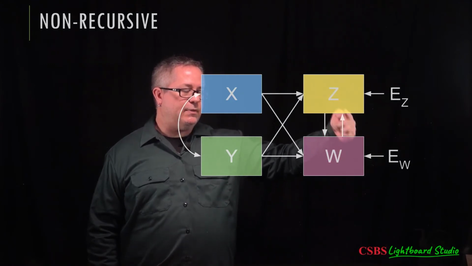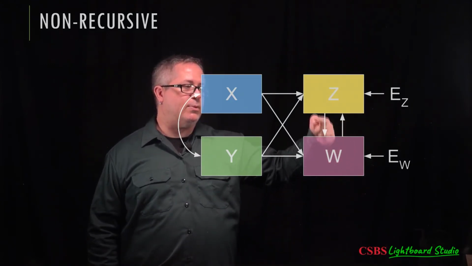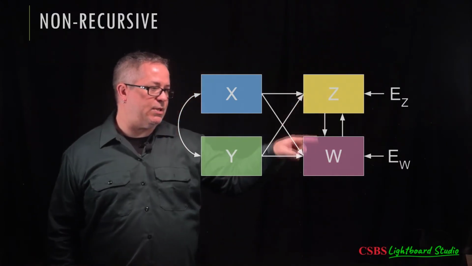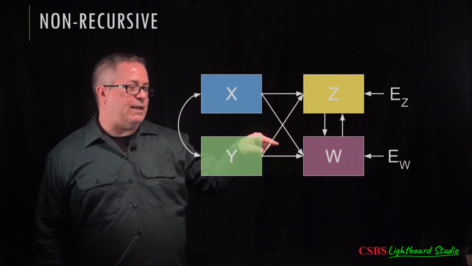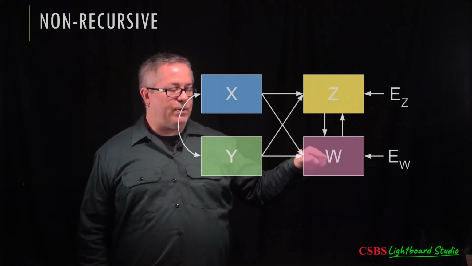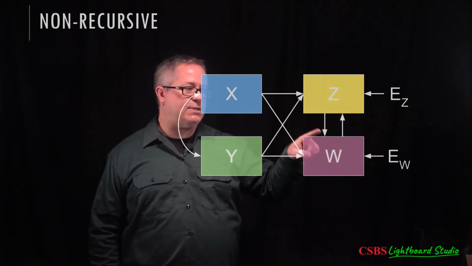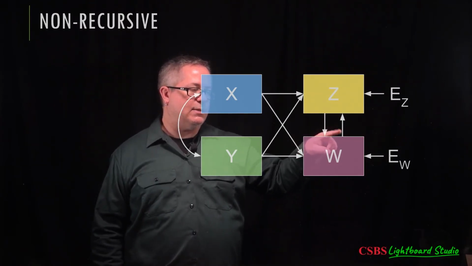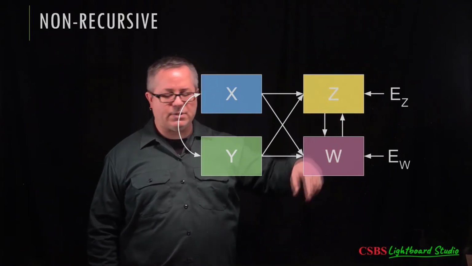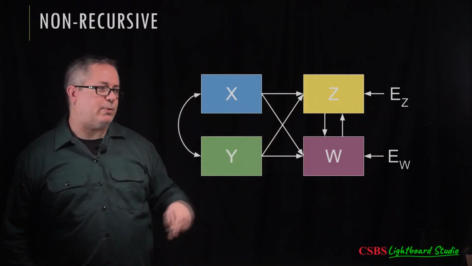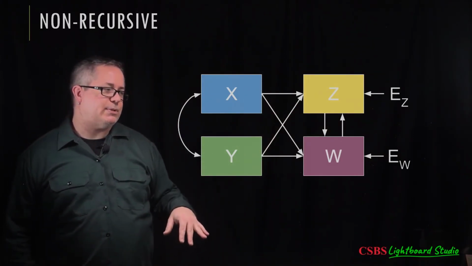These two things are going to get stuck in a loop trying to predict one another, because in order to predict this one, I have to establish how much this one predicts W, but I can't do that because at the same time I'm trying to figure out how much W predicts Z. So it won't be able to estimate either one, and instead it's going to get stuck in a feedback loop and won't be able to define any parameters.